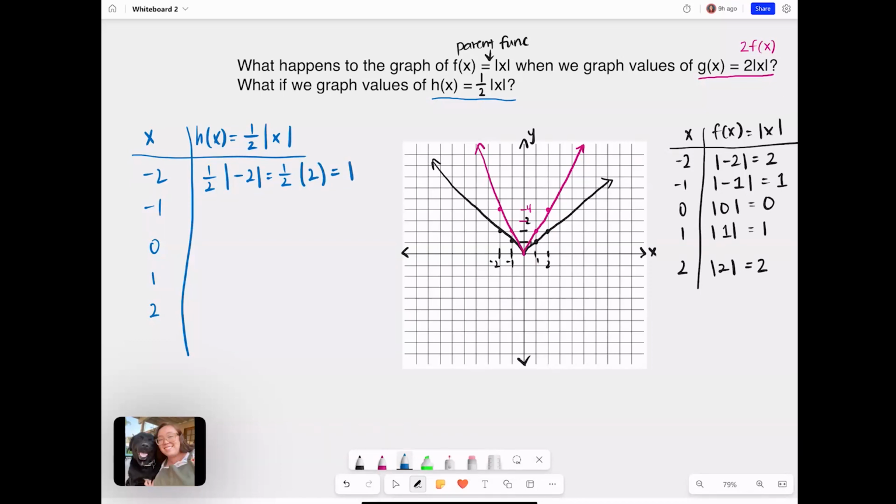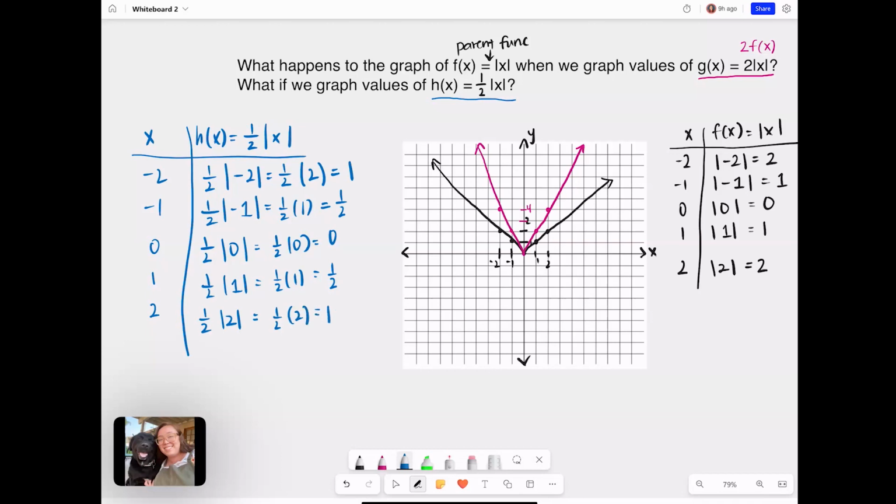Half of 2 is 1. 1/2 absolute -1, which is 1/2 of 1. Anything times 1 is itself, right? Don't let the fractions scare you off. 1/2 of 0 is 0 still. 1/2 absolute 1 is just 1/2 of 1, which is a half. And 1/2 of absolute 2, 1/2 of 2, which is 1.